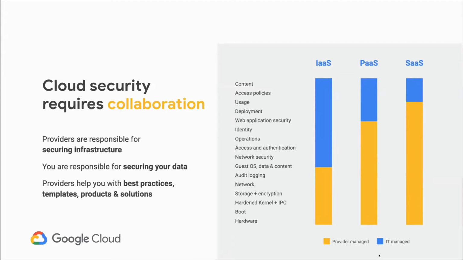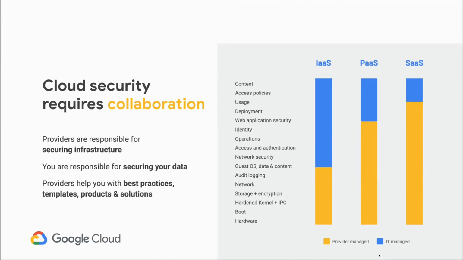This means that the specific responsibilities can vary according to what products and features you're using, right? So if you're taking advantage of infrastructure as a service products, for example GCP, or platform as a service, something like App Engine, or software as a service, something like G Suite, depending on which of those services you're using, the shared responsibilities change between us and our customers, but it's always a shared task.